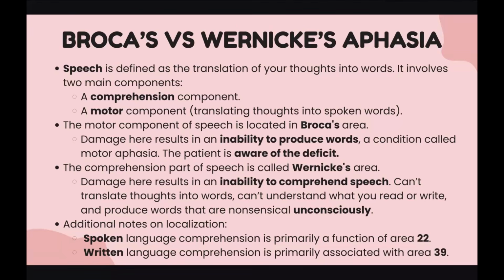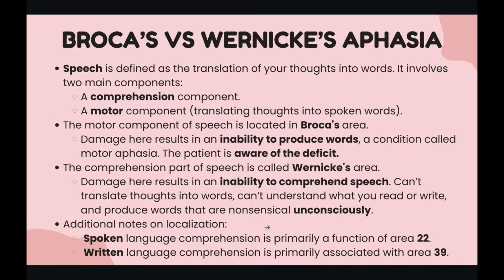You get me? And the other component of the speech is the comprehension part. This is controlled by the Wernicke's area, and any damage there results in inability to comprehend the speech. So unconsciously, the patient would not be able to translate their thoughts into words, or the words that they've heard or perceived, they're not able to comprehend them well, and they can't understand what they read or what they write, and they can't produce words that are sensical.